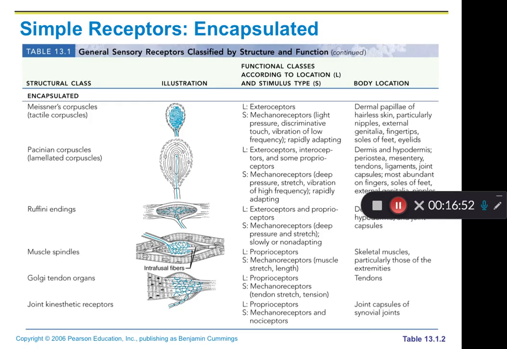So if the joints are injured, the impulse information will be sent to the brain, so the brain can stop the muscle contraction and let us know the pain. So we can stop the movement.